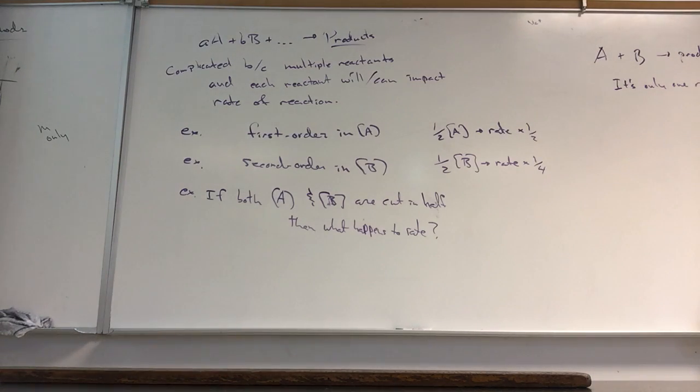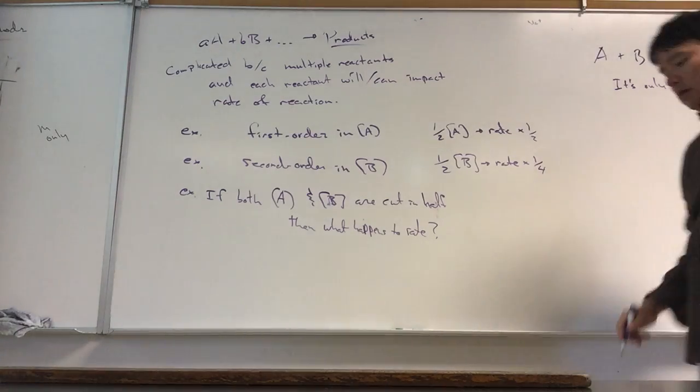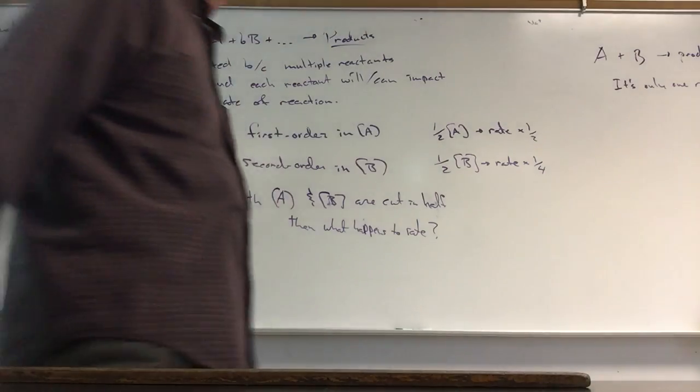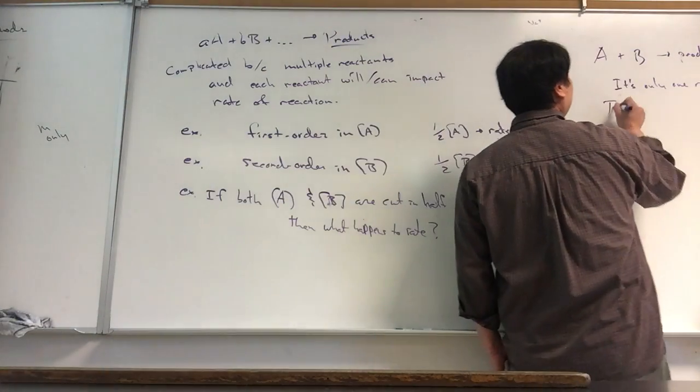When we look at this reaction, if I cut A and B in half, what's going to happen to the rate overall? There is only one reaction rate, right?